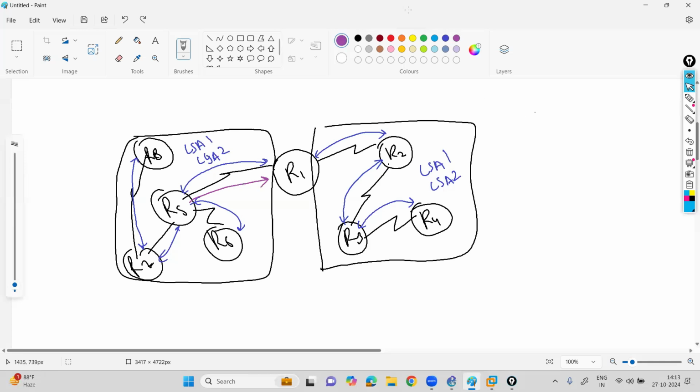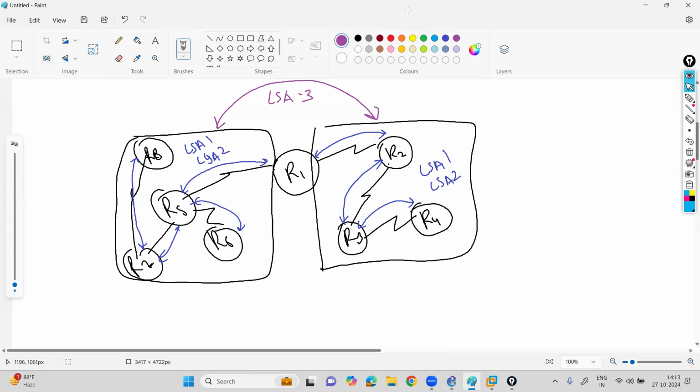Let us assume the data is forwarded or exchanged between the two areas. So which type of LSA is this, dear? Yes, it's LSA 3, sir. Yes, dear. Which type of LSA will be there? LSA type 3, right? LSA type 3.